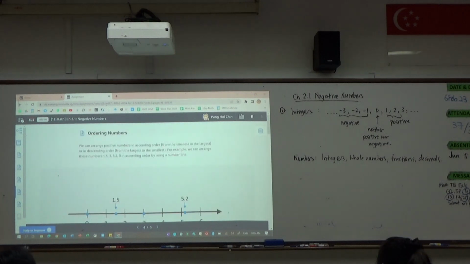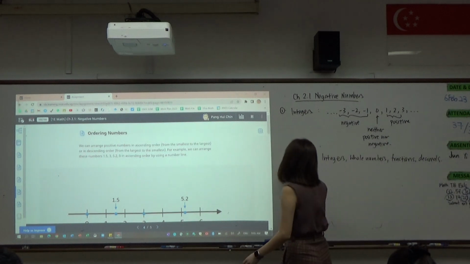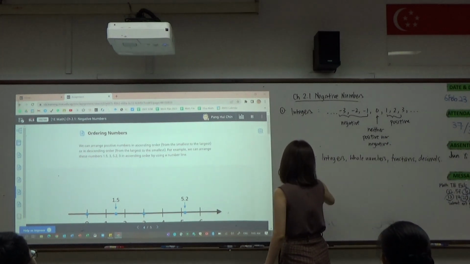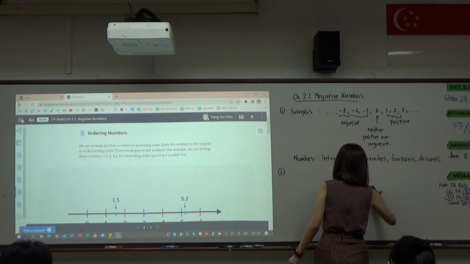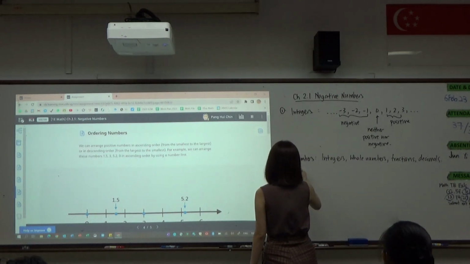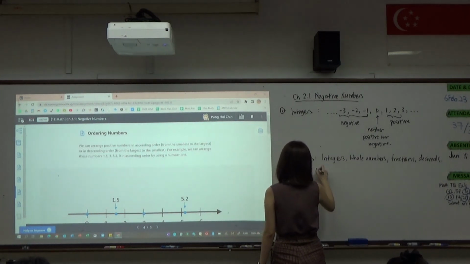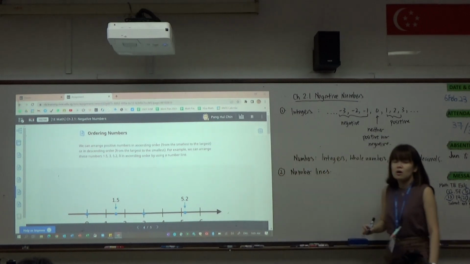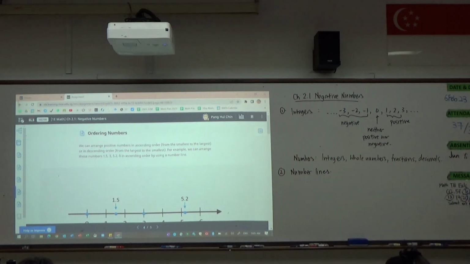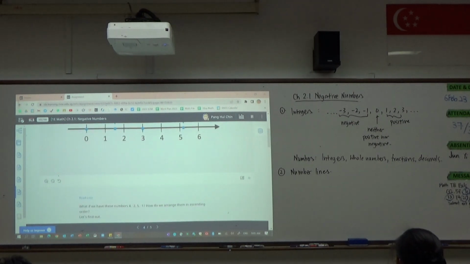Then next, regarding the way we draw number lines. When you draw your number lines, I have seen the work that you have submitted. I know some of you don't know how to submit, it's okay.